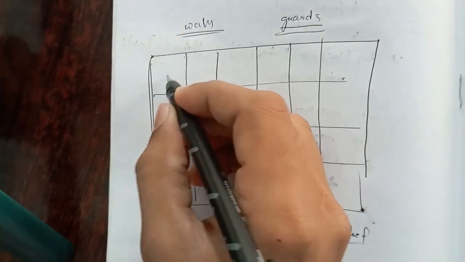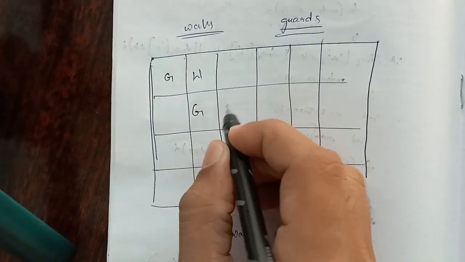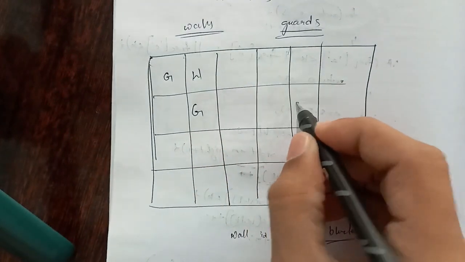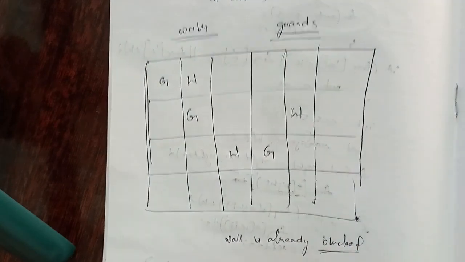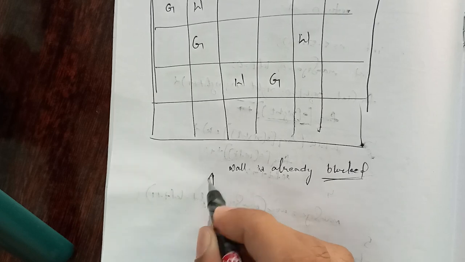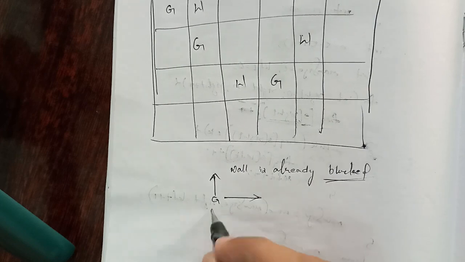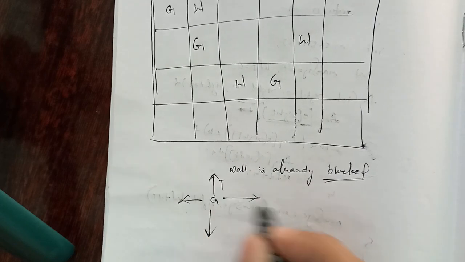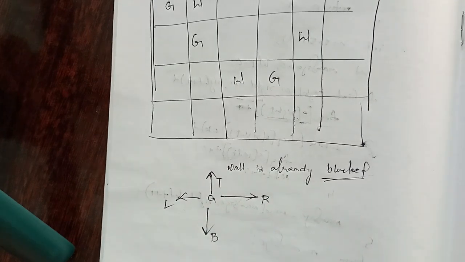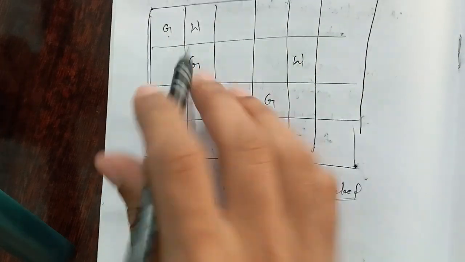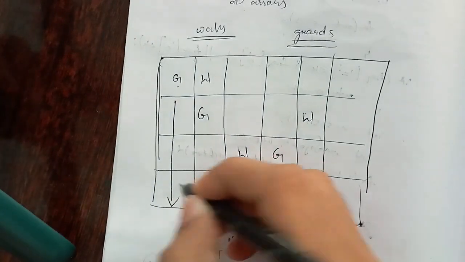Here there is a guard, here there is a wall, and then a guard here, and here a wall, and a wall here, and a guard here. A guard can see from the top, right, bottom and left.